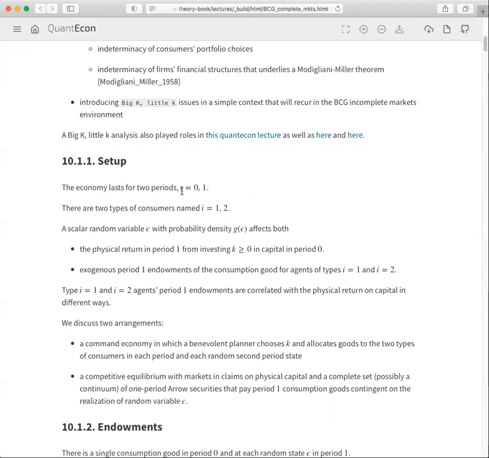So there's going to be 2 periods. There are going to be 2 types of consumers. There's going to be large numbers of each type. I'll tell you about that in a minute. Their names are i equal 1 and 2.